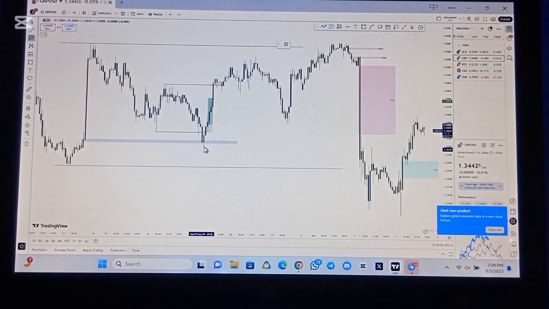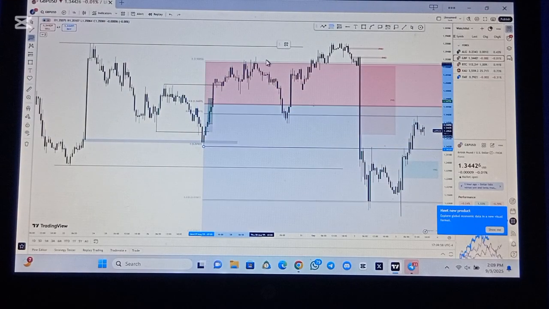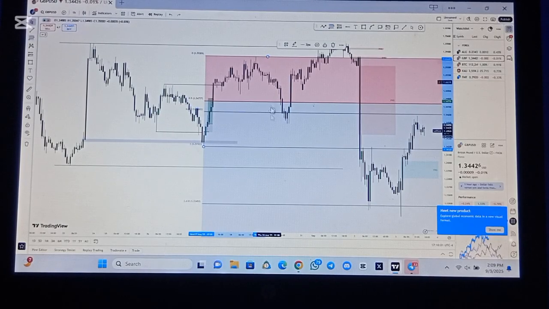So if I mark out my fib zone on this expansion, I have my 61% fib zone here, and it is in confluence with what? A fair value gap.